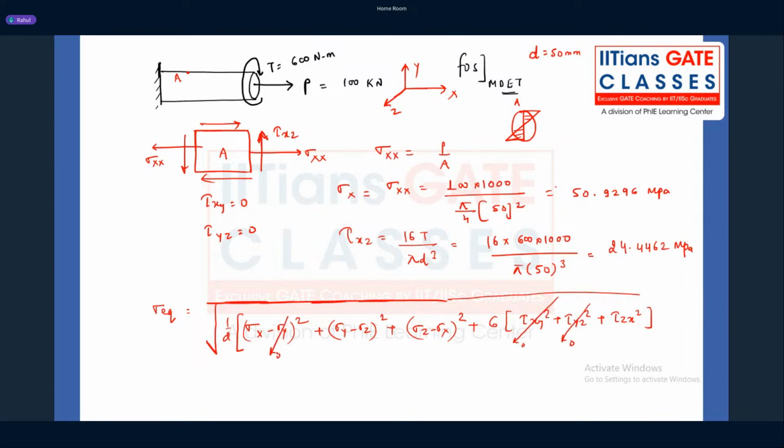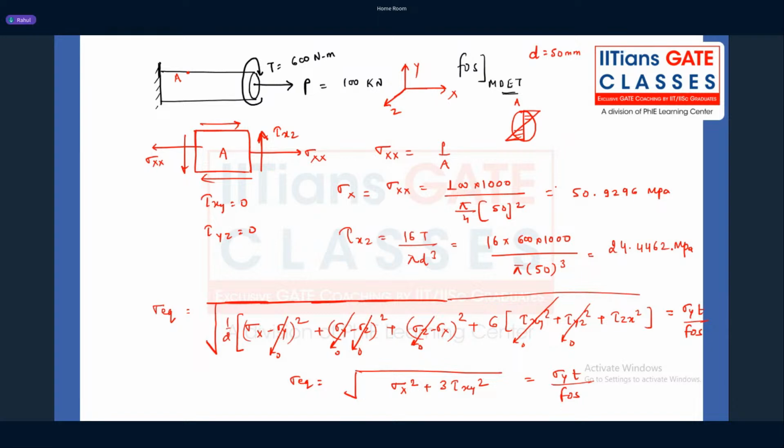Again, we have sigma y is 0, sigma z is also 0. So if you try to write sigma equivalent, which is equal to sigma yt over factor of safety, according to maximum distortion energy theory, guys, right? So what you can write further? Square root of sigma x square plus 3 tau xy square, which is equal to sigma yt over factor of safety.